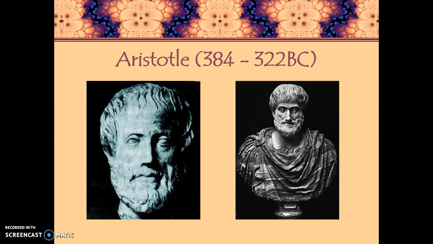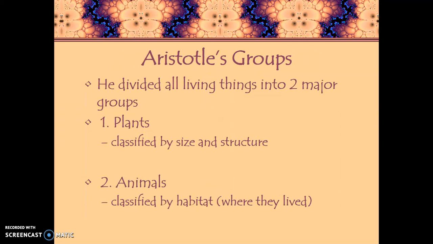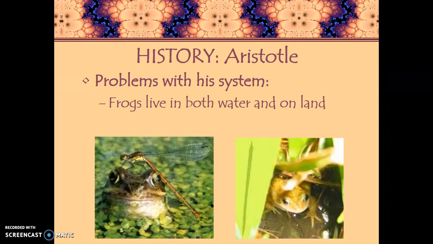His two groups were plants and animals, which makes sense for the time period he was in way back when, because it could only be things that you can see. Plants, he further subdivided by their size and their structure, and animals he further subdivided by their habitat, or where they lived.